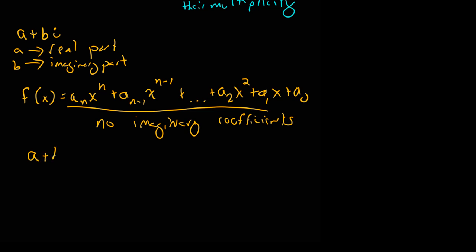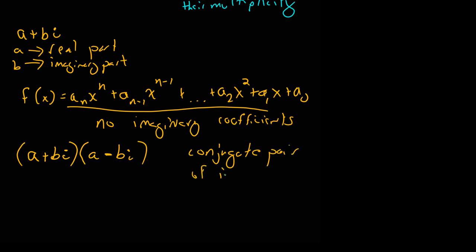And if we remember, every imaginary number had a conjugate, where it had the same form, but the sign was different. When we had a conjugate pair of imaginary numbers, when I multiplied these together, I got a squared minus b squared.